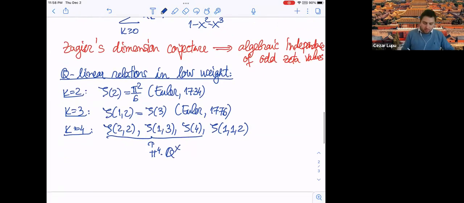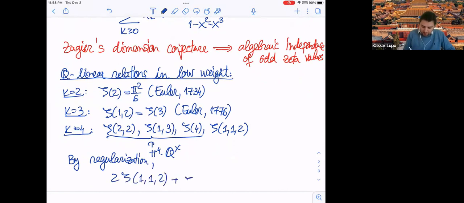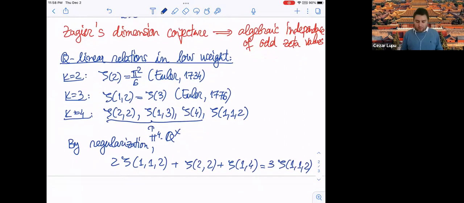Well, by regularization, we also have something like this: zeta of 1, 1, 2 plus zeta of 2, 2 plus zeta of 1, 4. And this is 3 times zeta of 1, 1. And of course, again, we will get from here, because we know these values, this is again also a pi to the 4th times a rational number.